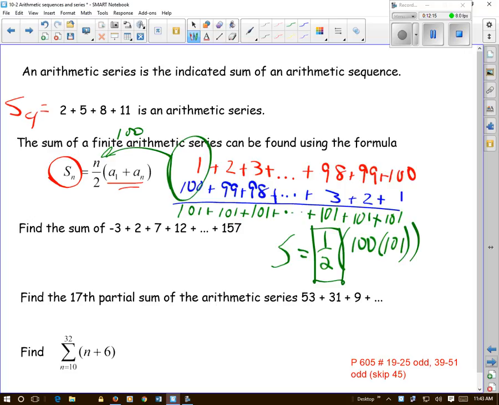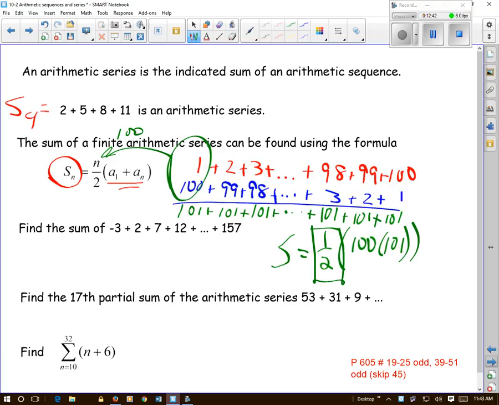So if we want to find the sum of -3 to 157. Now there's a small problem here. Number 157, which term is that? I know this is the first term, but which term is that? Because I've got to know the value of n.